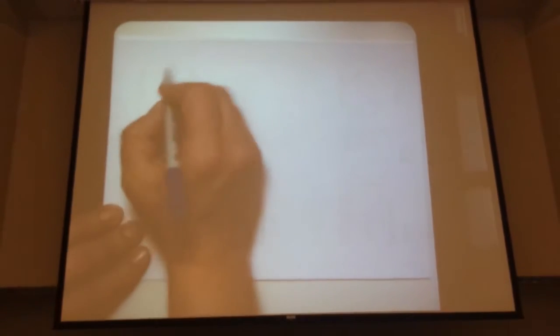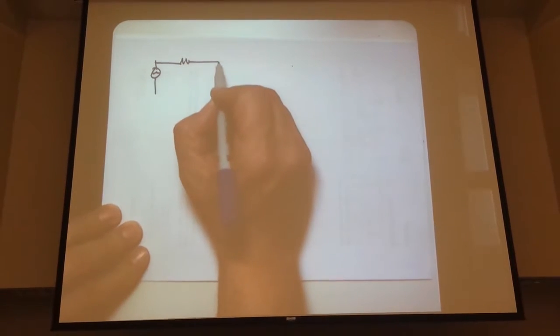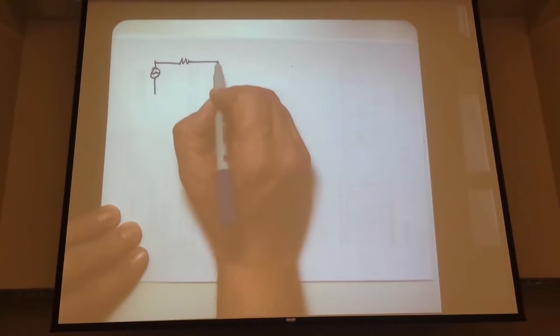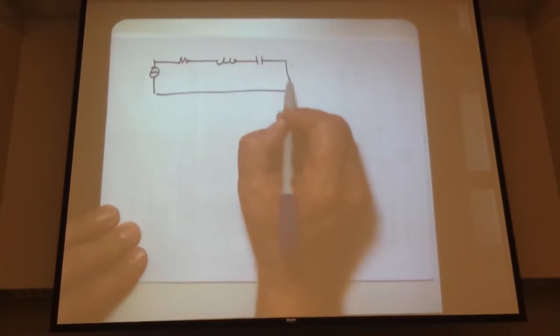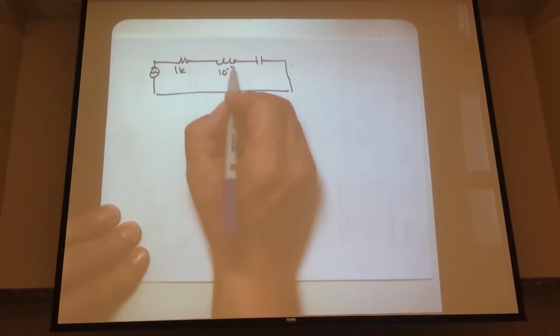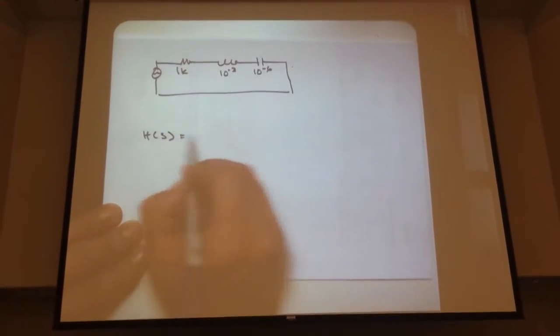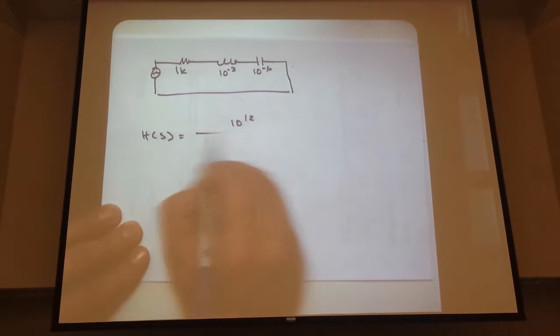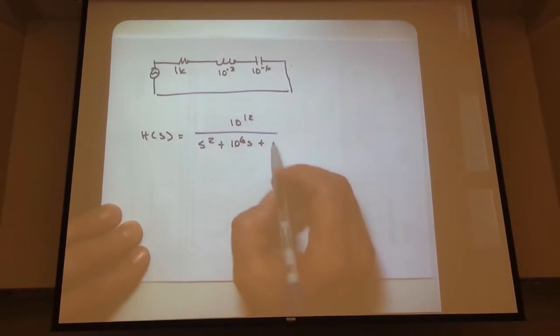So, same circuit. Use 1K first, 10 to the minus 3, 10 to the minus 6, and so H of s in this case equals 10 to the 12 over s squared plus 10 to the 6 s plus 10 to the 12.